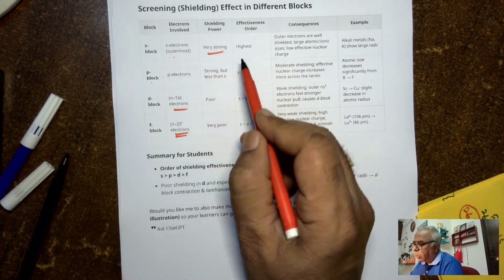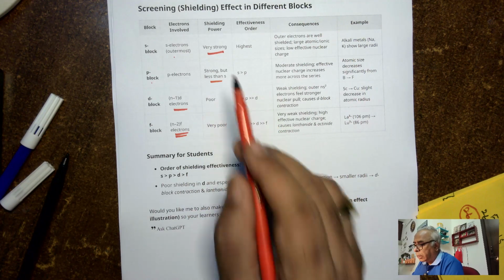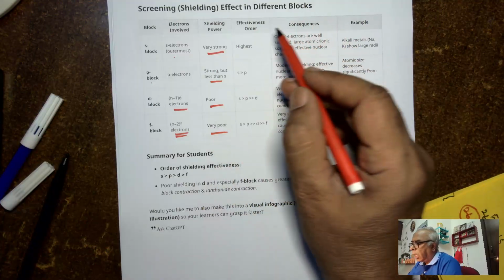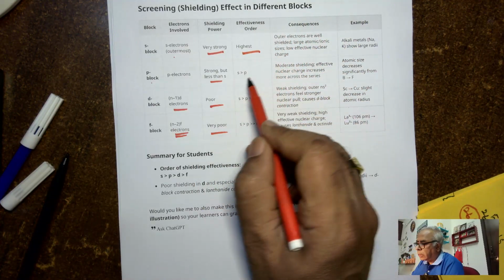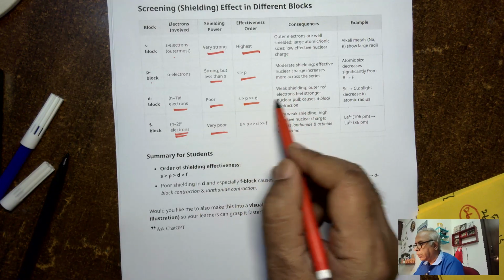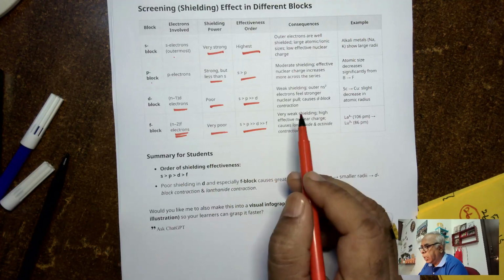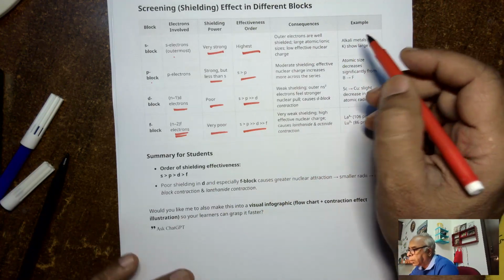In p, it is strong but less than s. In d it is poor, and in f it is much poorer. And what about the effectiveness order? s is greater than p, and s and p are much greater than d and f, and f has the worst shielding effect because of the diffused orbitals.